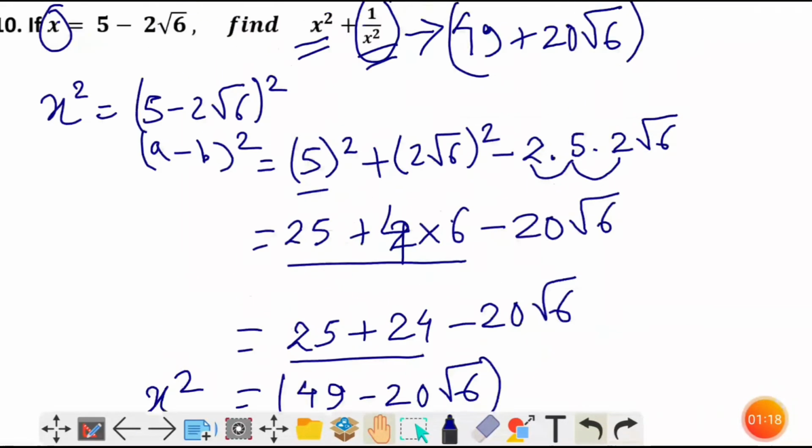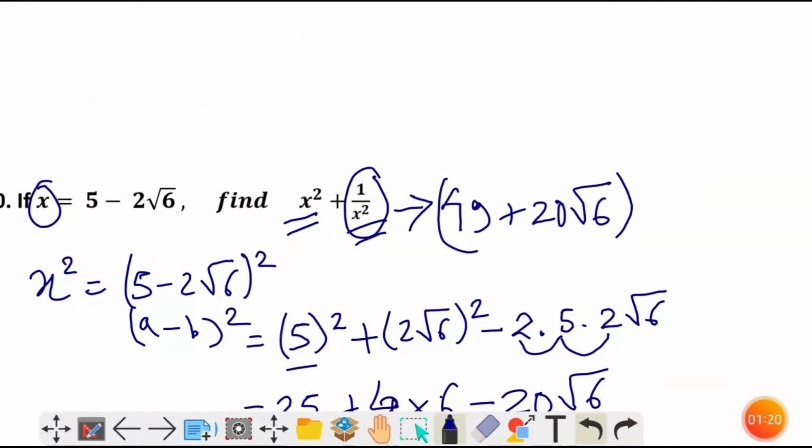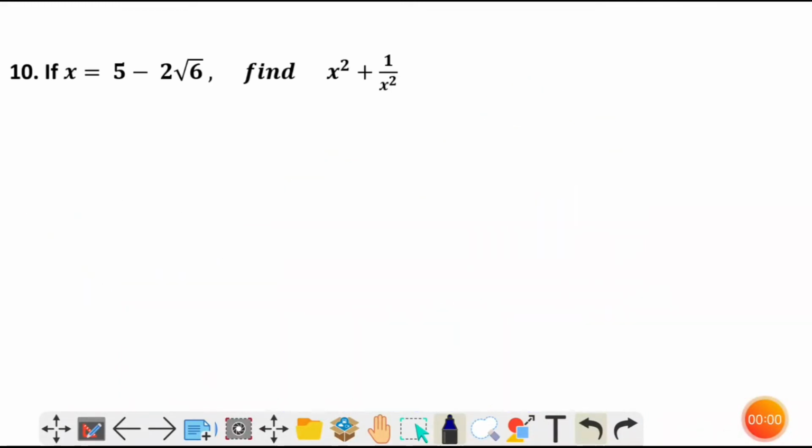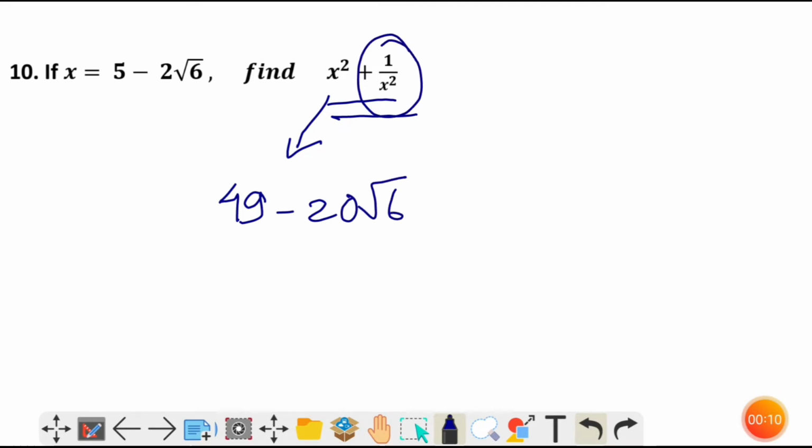Now using these values again, we'll finally solve x square plus 1 by x square. So let's solve x square plus 1 by x square. Put the value of x square here, that is 49 minus 20 root 6, and the value of 1 by x square is plus 49 plus 20 root 6.